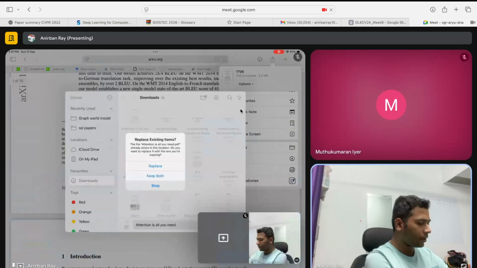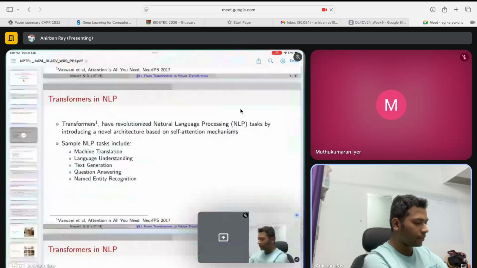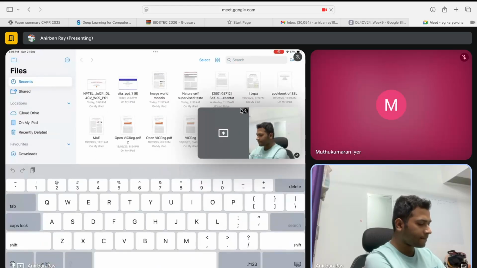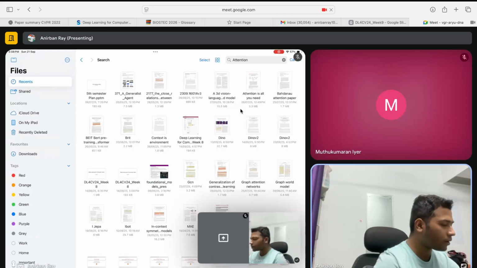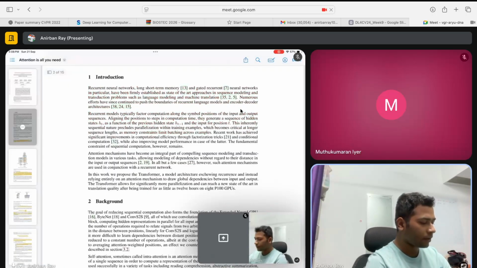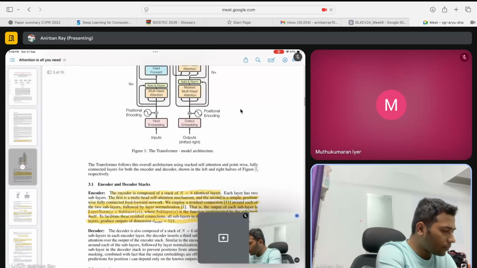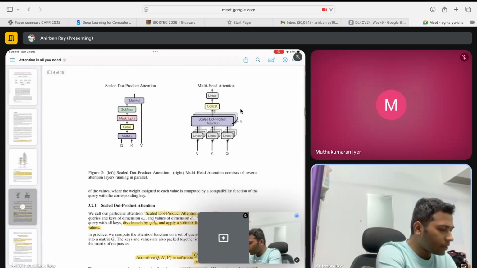I already had it, so open that one. This is the paper. Here you can see the transformer architecture. We'll get to that later. First, we need to understand what is attention.